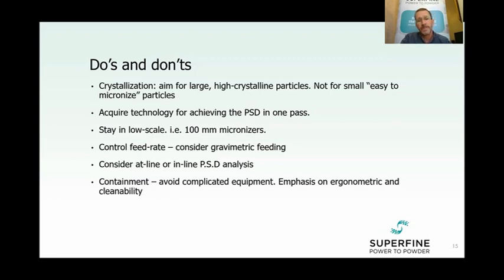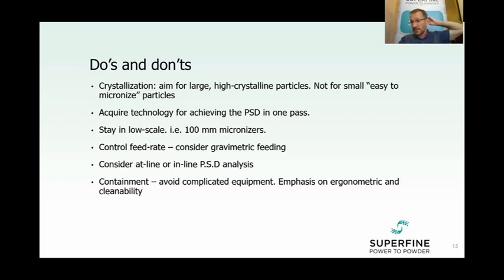And the last thing is about containment. We will have a different session about containment, glove boxes, split valves, all these things with our containment partners. So I will mention here only one thing: avoid complicated equipment. Don't use intermediate tanks and filters, and try to keep it very simple, I would say almost primitive.